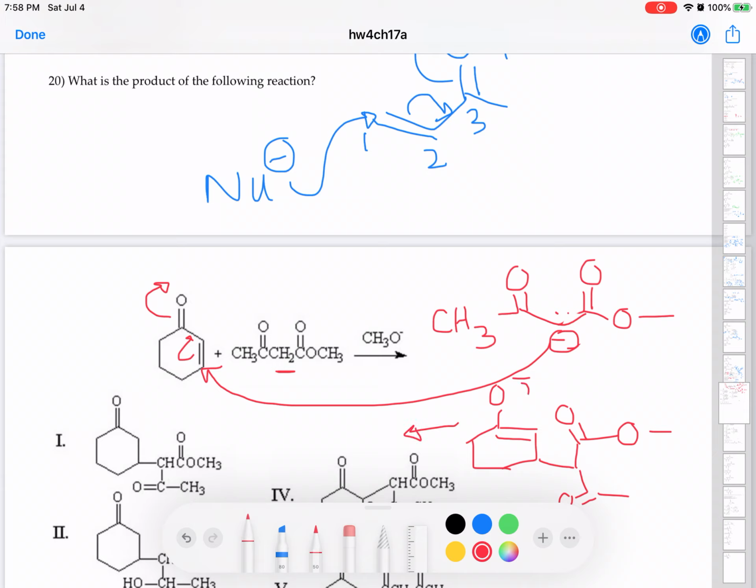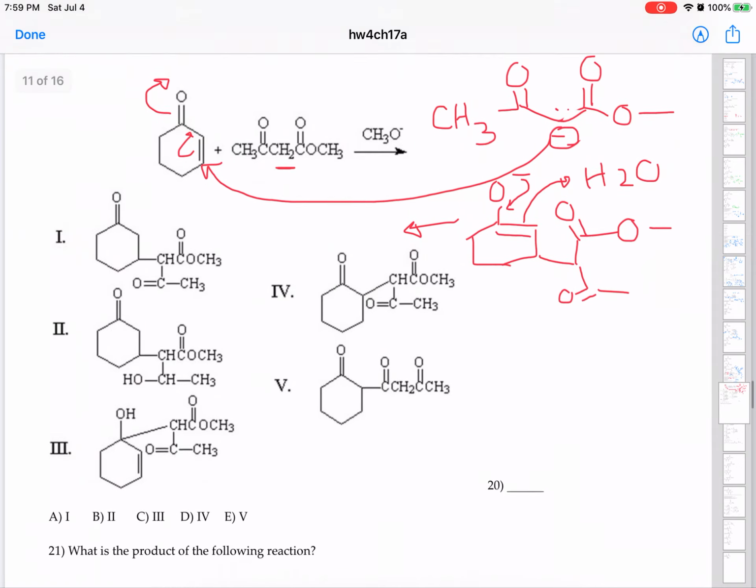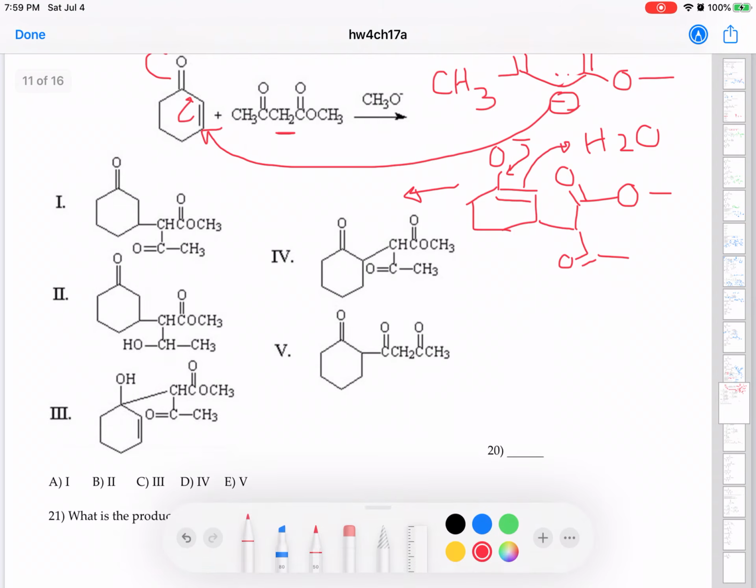And then the next step, this ion will grab a hydrogen from a water molecule. If it is happening in basic medium, it would be the water molecule. Take hydrogen from the water and it completes formation of the product, which will be something like this.